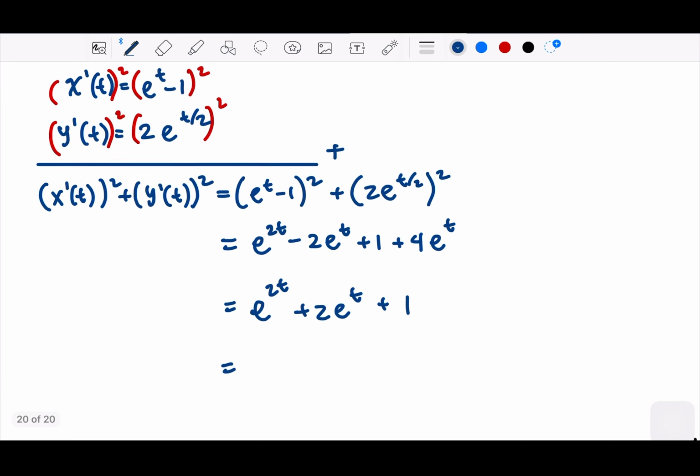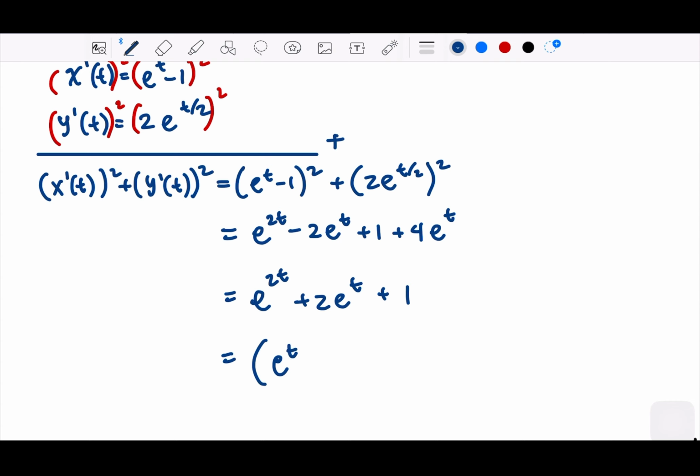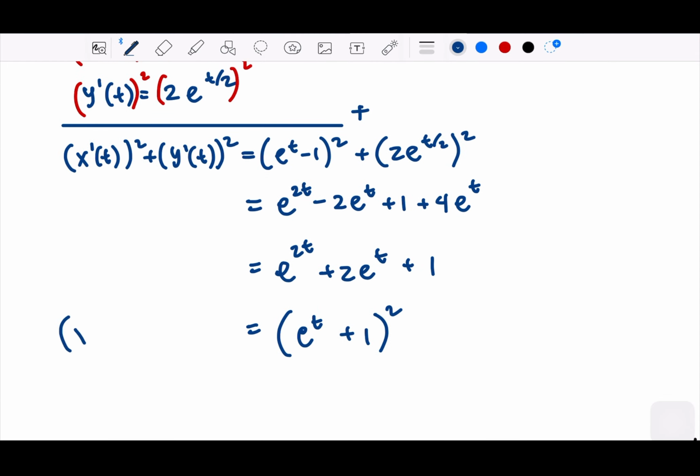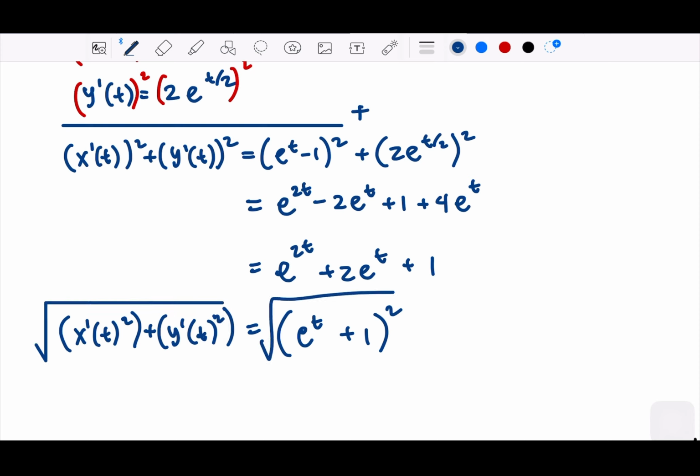So this will be the squared form of this, right? So then when we take this result and square it, then this will be e to the power of t plus 1.